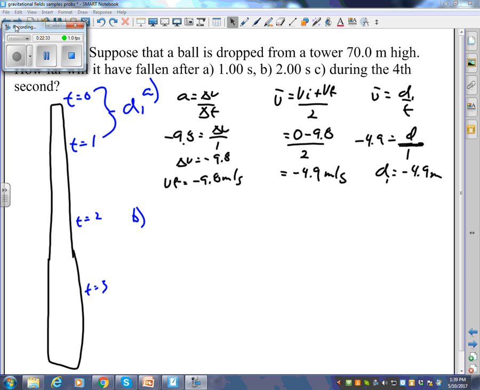Is it not just going to be exactly the same 3 steps, but instead of 1 second, it's going to be 2 seconds, is it not? How far will it have fallen after 2 seconds? Do this and plug in a 2 for the time.